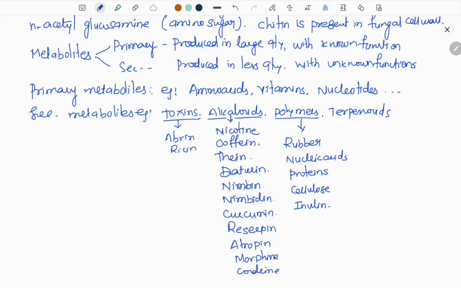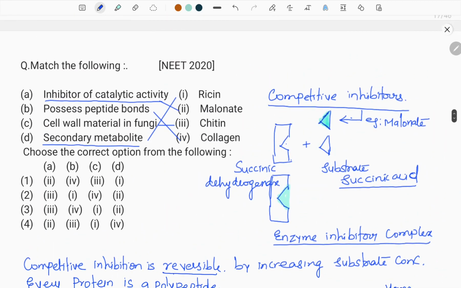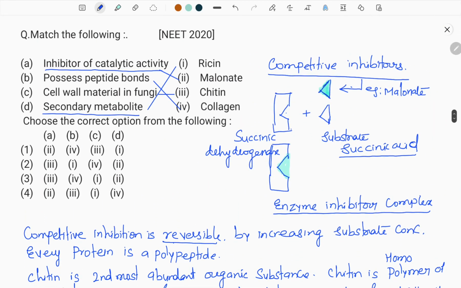Like that we can give examples for polymers. Terpenoids include here diterpenoids and monoterpenoids. So these can be examples here. And in this question, if you see here, A2 is given for 2, and B peptide bonds collagen B4. So B4 is given here only. So this is the right answer for this question.